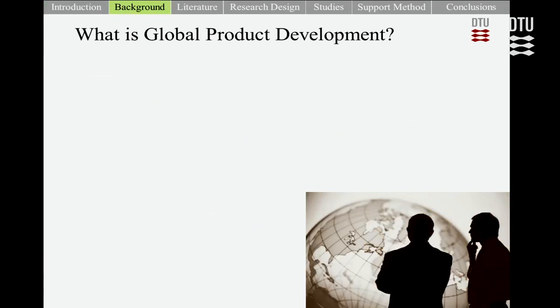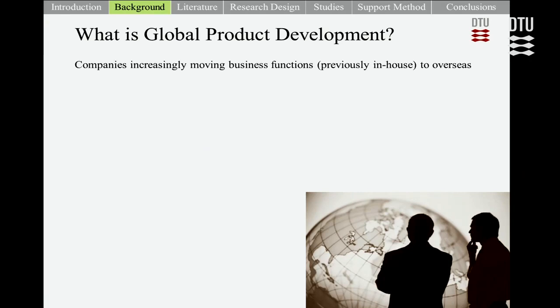Advancements in communication technology and the opportunity to reduce costs and also be closer to global markets have resulted in companies increasingly moving business functions such as research and development, previously owned in-house by Denmark, for example, to overseas low-cost regions.